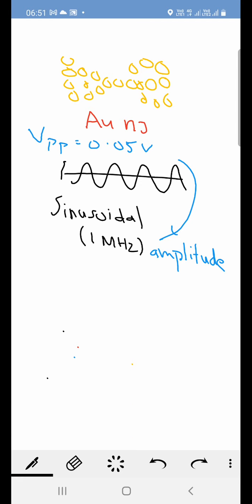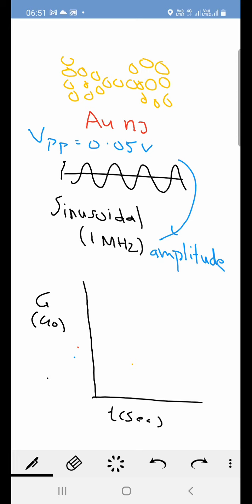So if we plot conductance versus time in seconds, and say this is G expressed in terms of G0, so we can see that this is 5 and this is 10. So the plot will be initially, there will be a step down.